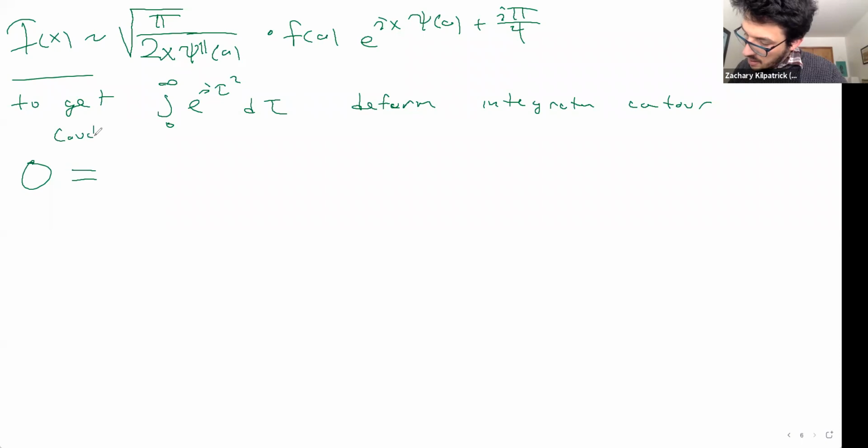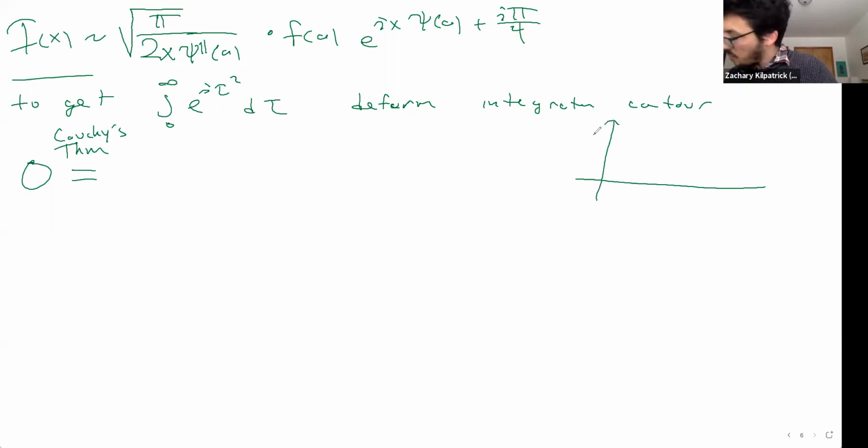There are no singularities here. So if I define the following domain or contour to integrate around, I can include a portion of the contour that's going to represent the integral that I'm interested in.